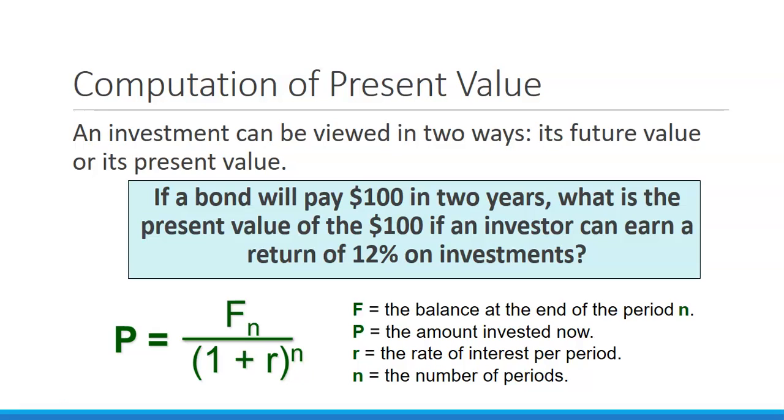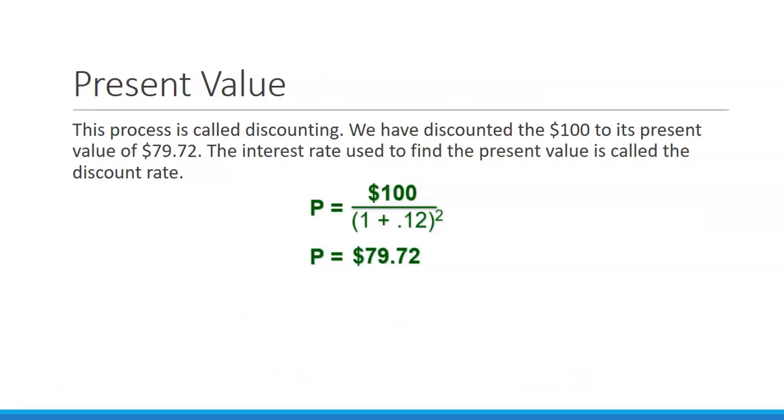And that's going to help us figure out what the present value is. So this process is called discounting. When we talked about discounting cash flows throughout the chapter, this is what we're talking about. This means that given a rate of 12% for 2 years, $100 in 2 years is worth $79.72 today.